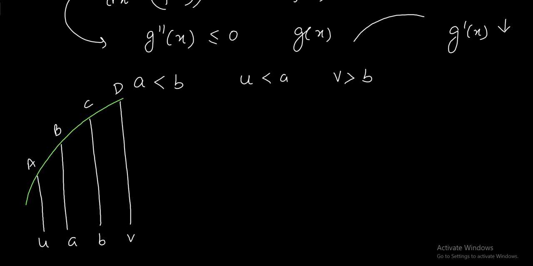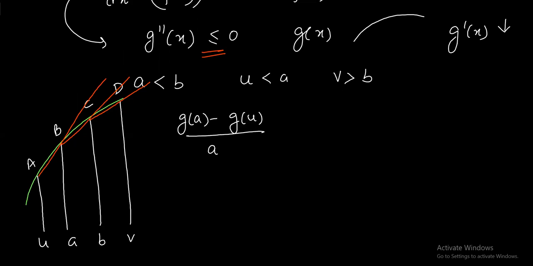From the concavity of the graph, it is very much clear that the slope of the line joining AB is going to be more than the slope of BC, and the slope of BC is going to be more than that of CD. They can be equal also because of the equality sign over here. But yes, I will write that these slopes are in this particular order. So let's write it mathematically now, starting with the slope of AB, which can be written as g of a minus g of u upon a minus u.